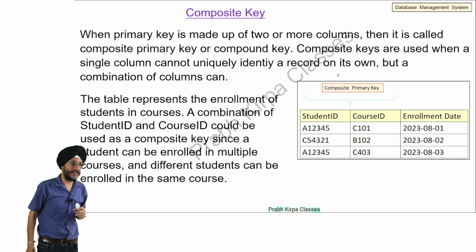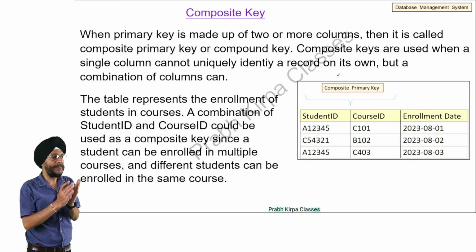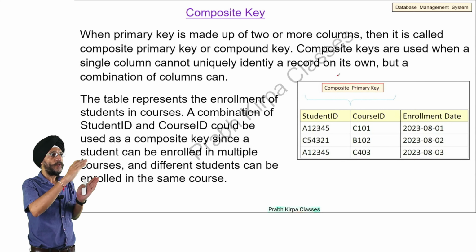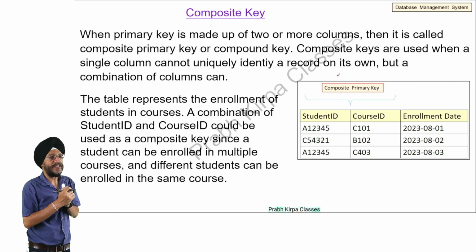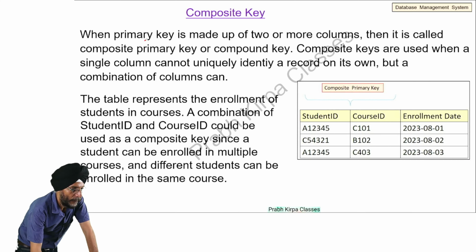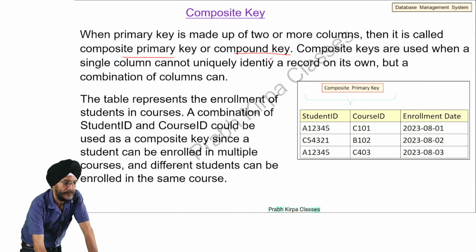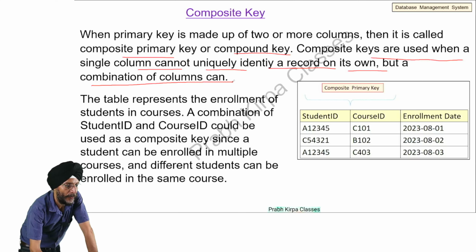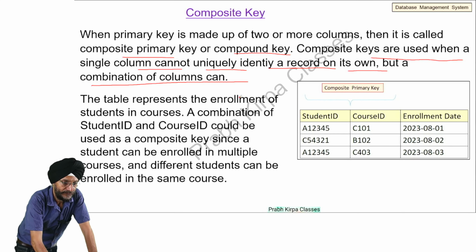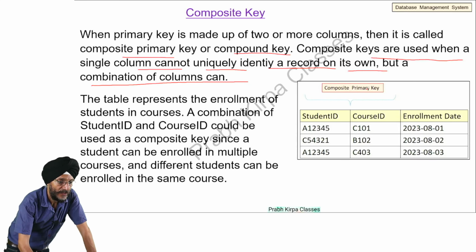Next is composite key. When a primary key is made up of two or more columns, then it is called a composite primary key or compound key. Composite keys are used when a single column cannot uniquely identify a record on its own, but a combination of columns can. How?